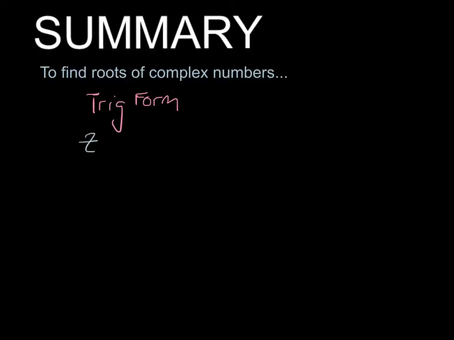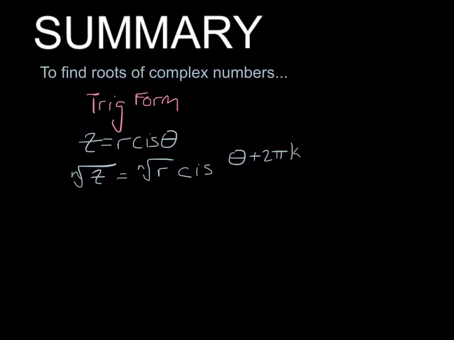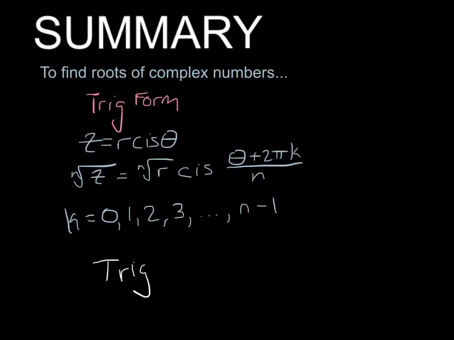Then, given our number in trig form, we find the nth roots by taking the nth root of r, and then we add to theta 2 pi k over n, where k begins at 0 and ends at n minus 1. And again, make sure you read the directions so that you know whether you should leave your answer in trig form, like I did in this video, or if you should convert them back into standard form.